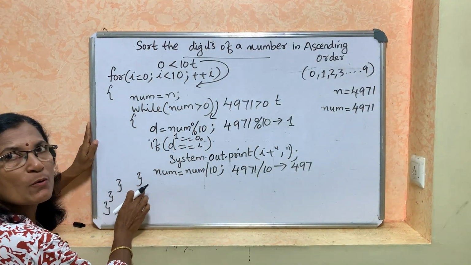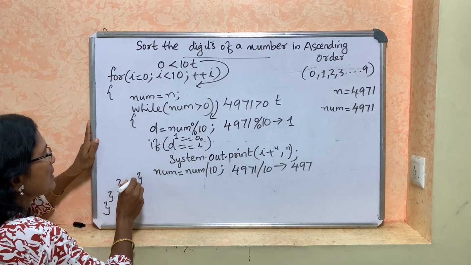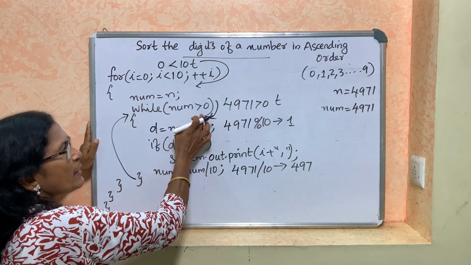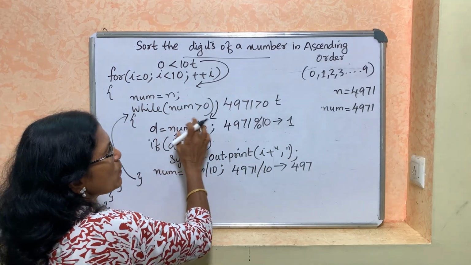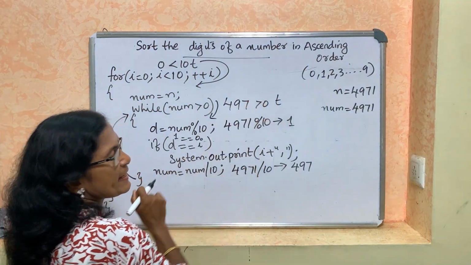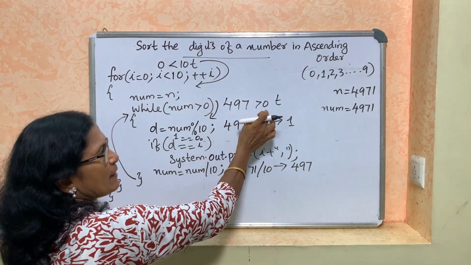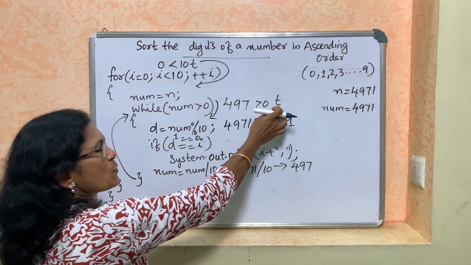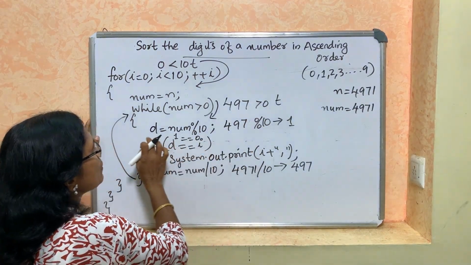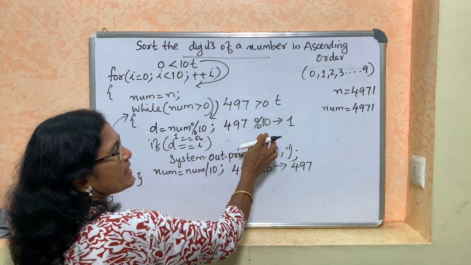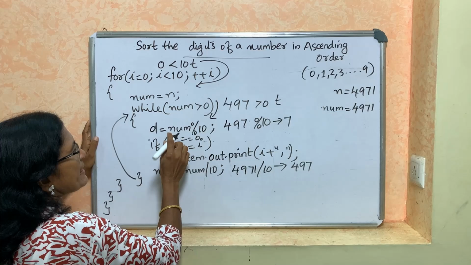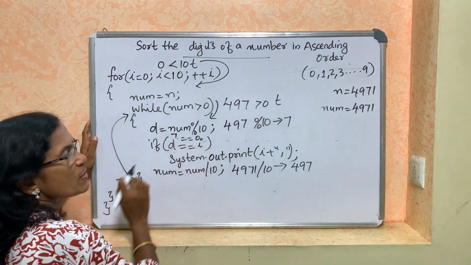As the closing of the while loop's body is encountered, control resumes back to the header line of the while loop to go for the next iteration. So the new value of num is 497. Test expression is evaluated, 497 greater than 0. It is evaluated to true. So digit is equal to 497 modulus 10. Now the extracted digit is 7. Value in d is 7. 7 is equal to 0.